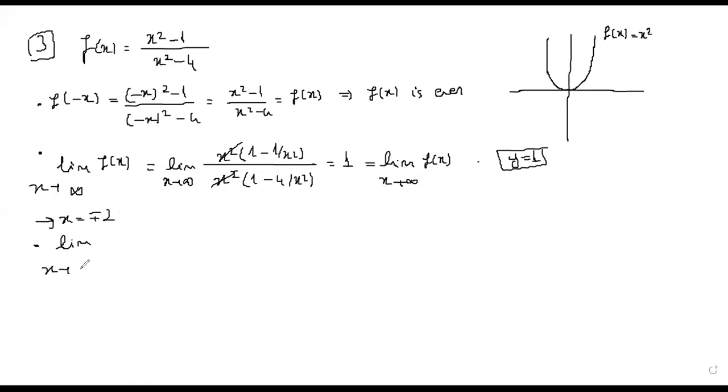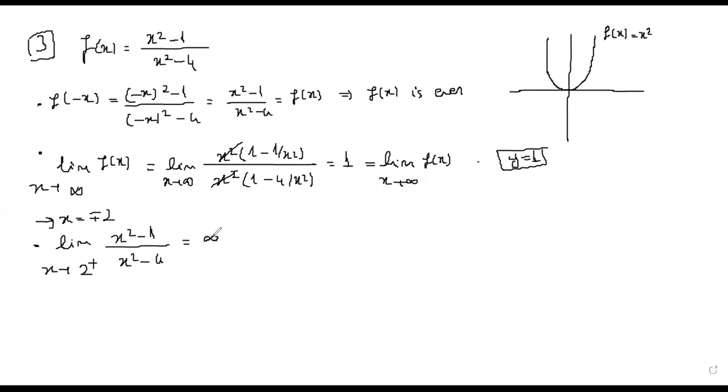So let's start with 2 plus. f of x is x squared minus 1 over x squared minus 4. When we're approaching 2 from the right, we have something greater than 4, right, as we have x squared here. So eventually in the denominator we will have 0, but positive, and the numerator is also positive.